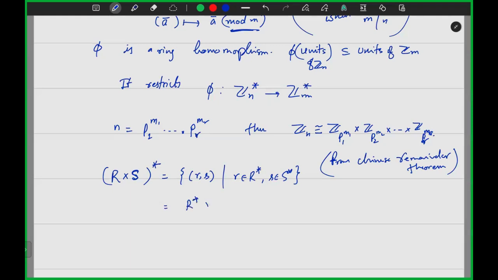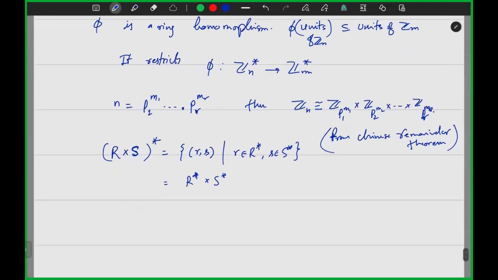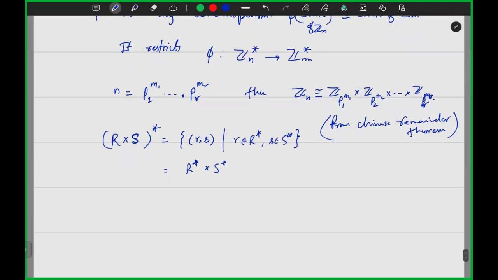So this is R star cross S star. So this map phi restricts to this, and to show this is surjective, we can show this component wise surjection.